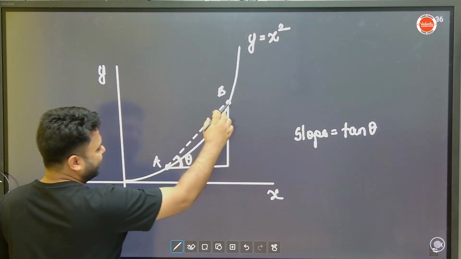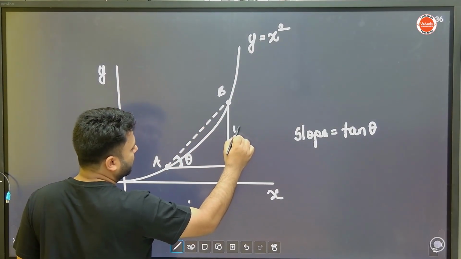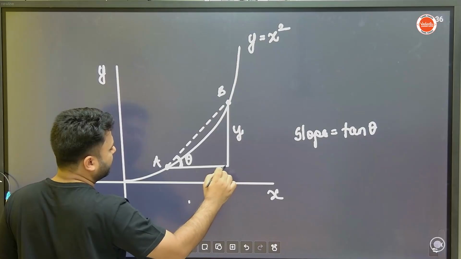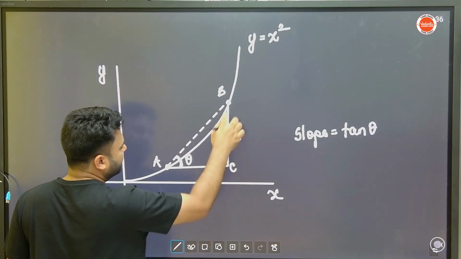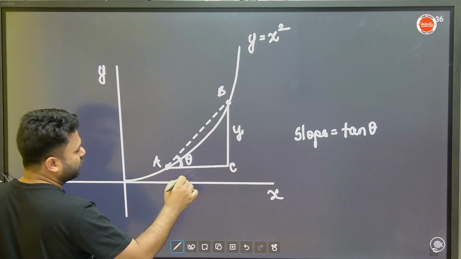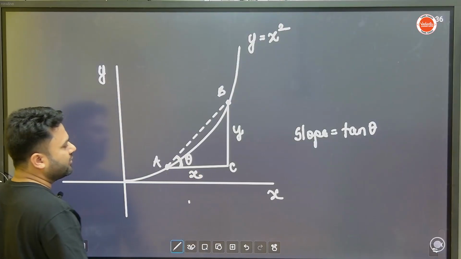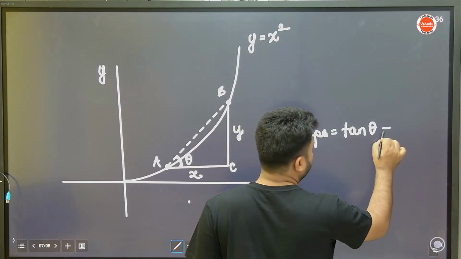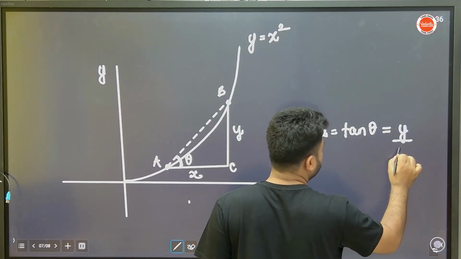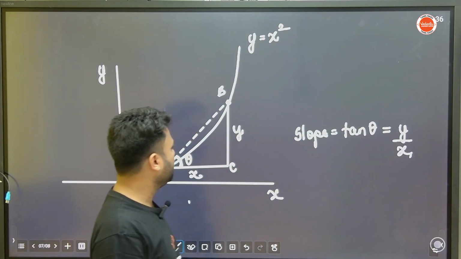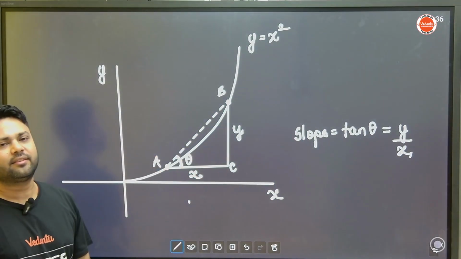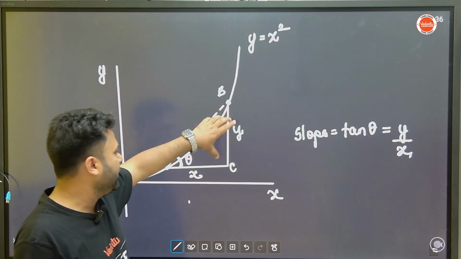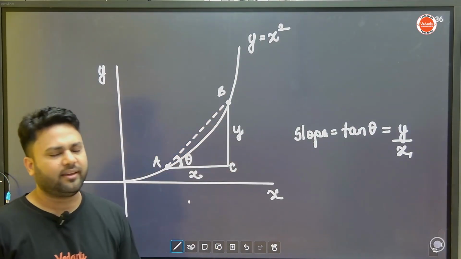Now suppose this length, from B to C, I denote by y, and from A to C it is x. So we can write y by x. Tan theta is perpendicular by base, so y by x we can write.